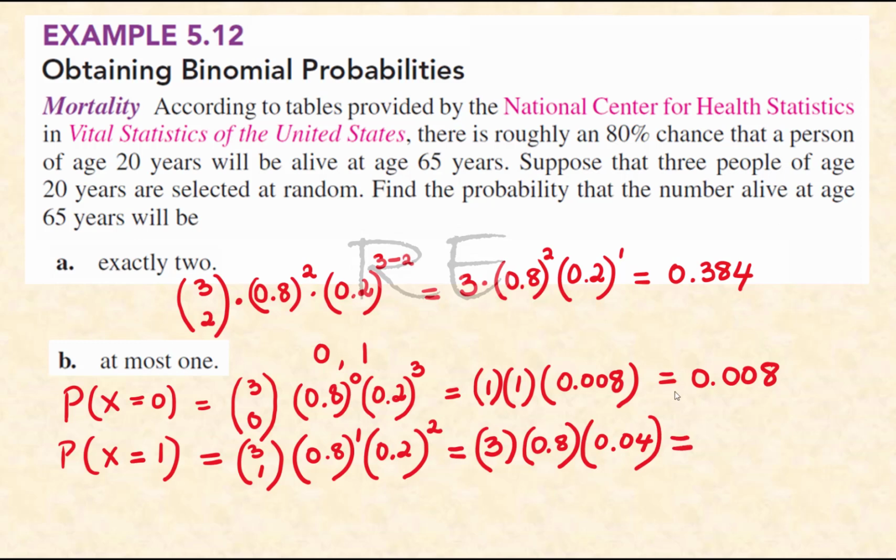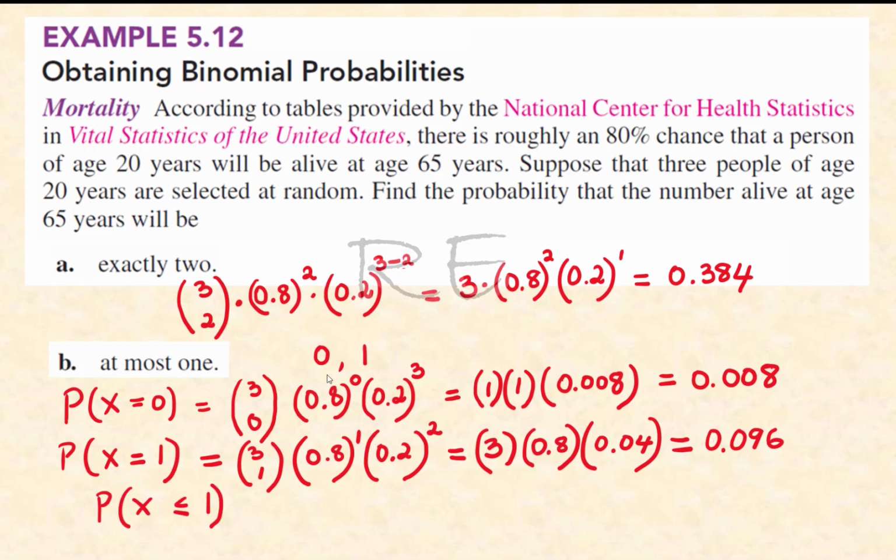And the answer is 0.096. So at most 1 means P of X less than or equal to 1. So we're going to add 0.008 to 0.096. The answer is 0.104.